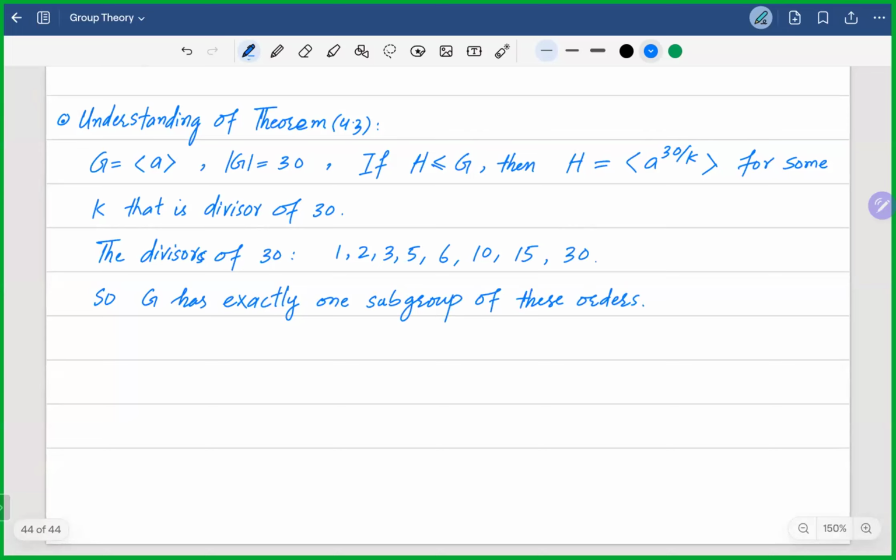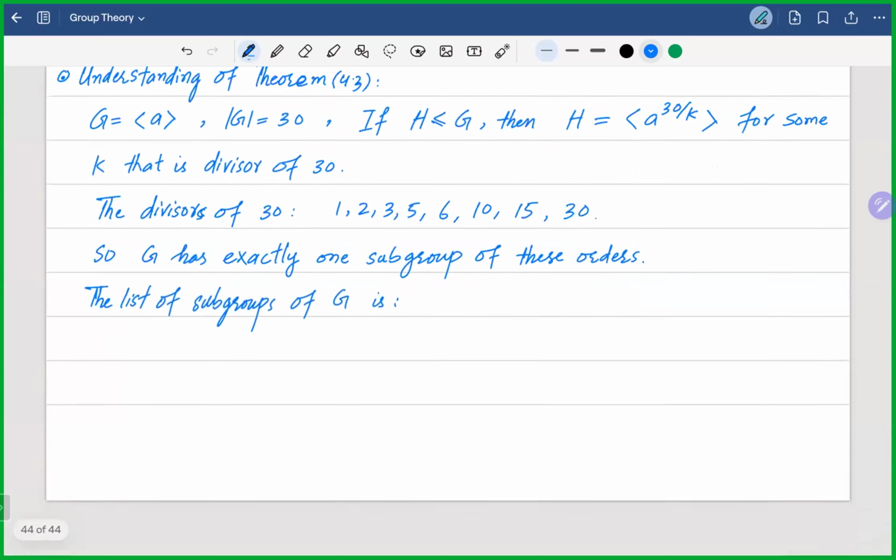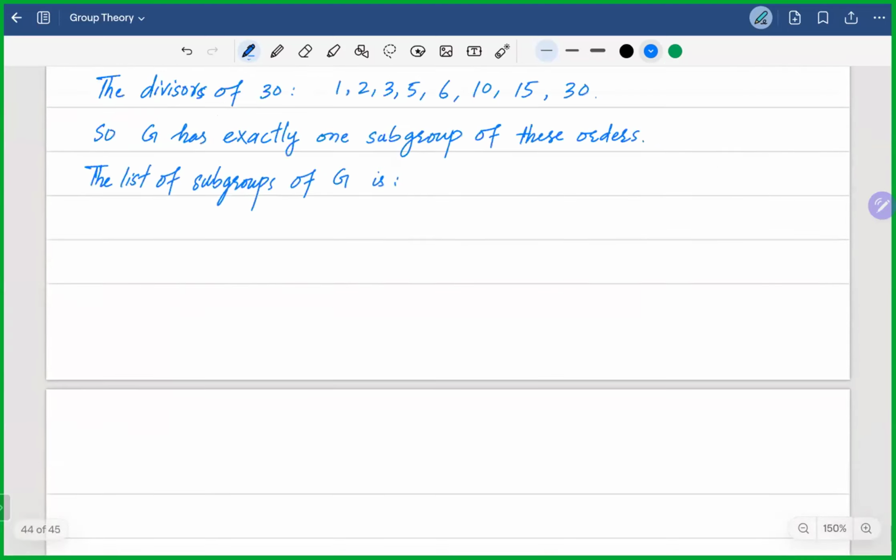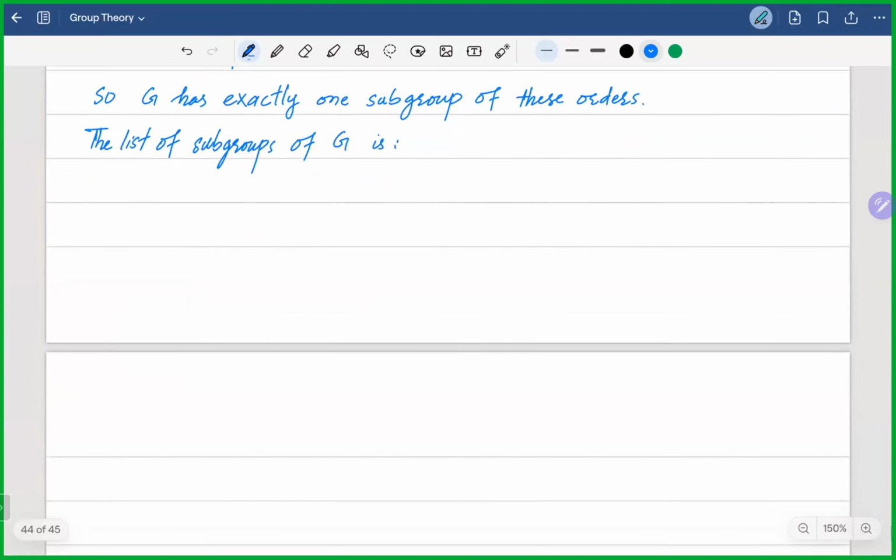That means the list of subgroups of G is what? First, it is equal to G itself, that has order 30.